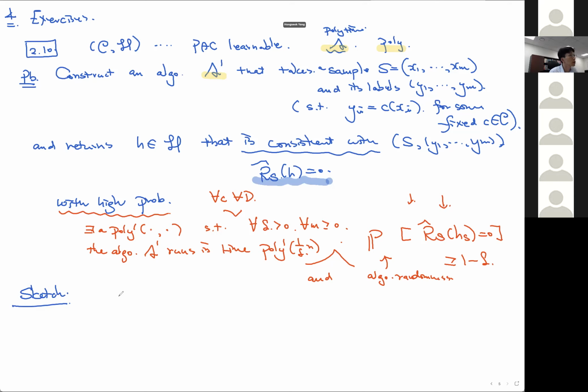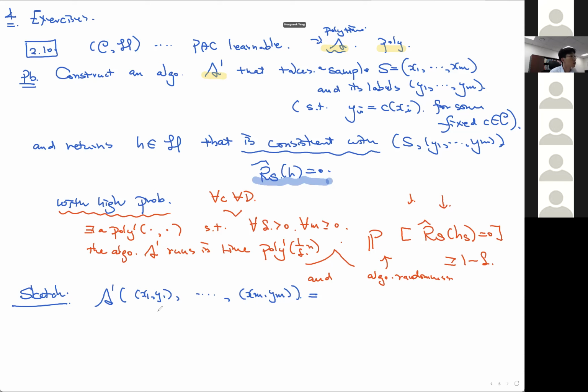So the way we can do it, we define this A prime. We take, say, x1, y1 up to xm and ym. Now what we want is to call this A to produce a good hypothesis. How do we call it?